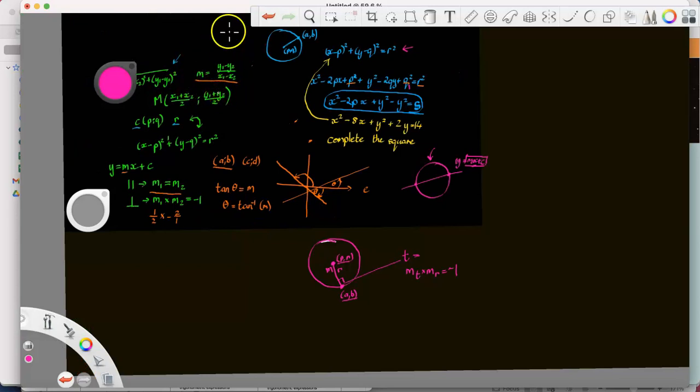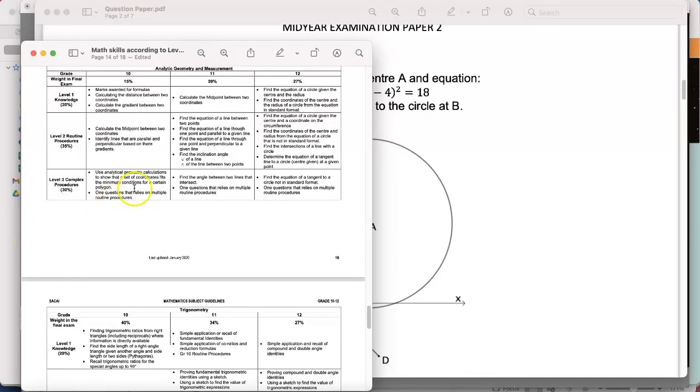Here you have gradients. The gradients must be equal. So notice how you're combining knowledge. You're combining the knowledge that gradients are equal means parallel lines, and then you show that opposite sides are the same length. Okay, that would show that something is a parallelogram. So that's just an example of using the analytic geometry calculations to show the set of coordinates fits the minimum conditions for a certain polygon.